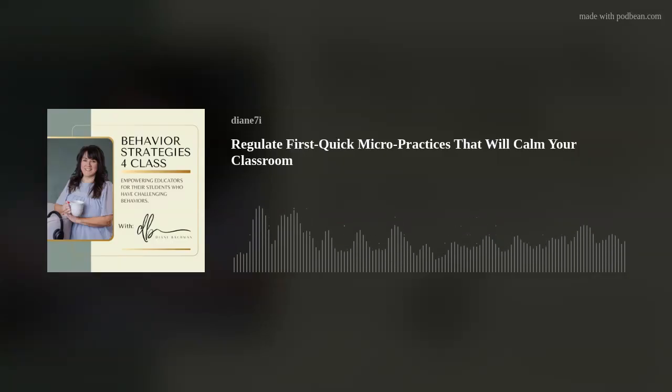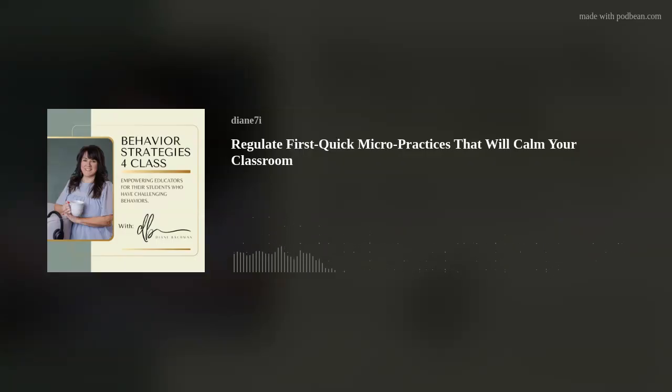Because again, you're the example. They're looking at you to see, are you calm? Or if you're not, how do you get calm in a moment where you feel stressed or overwhelmed? These are some ways that you can co-regulate together.